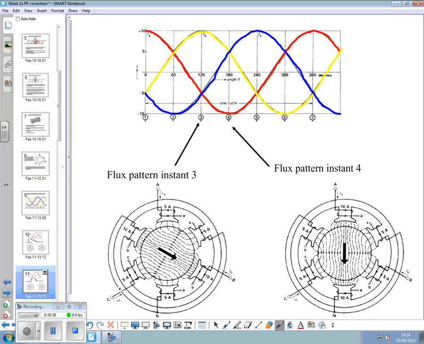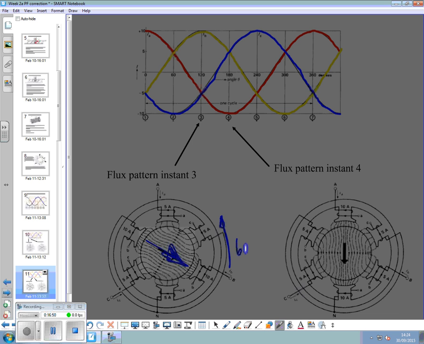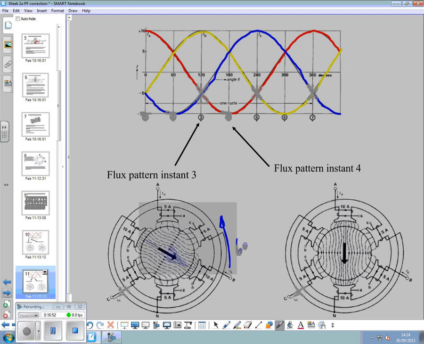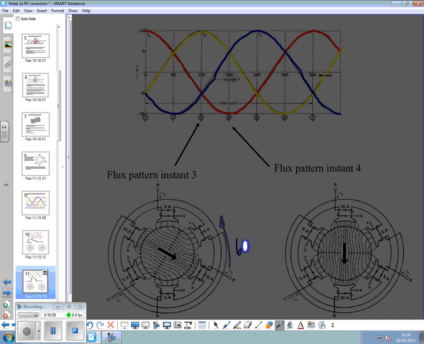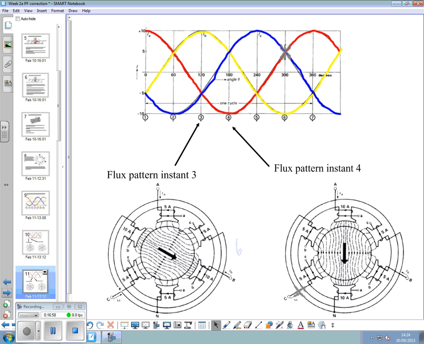And then in position 3, we've got a field acting in that direction, so it's pulled the rotor around another 60 degrees. In total it's moved 120 degrees. Yep, 120 in total.